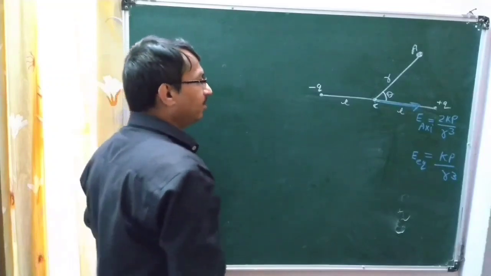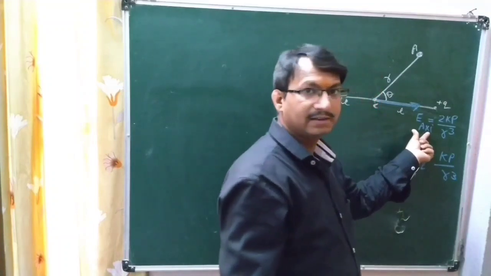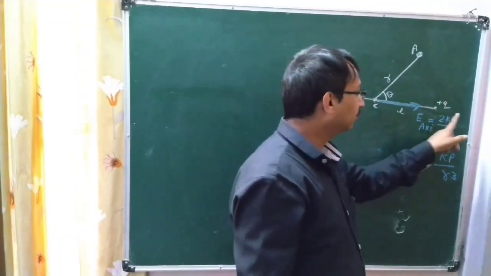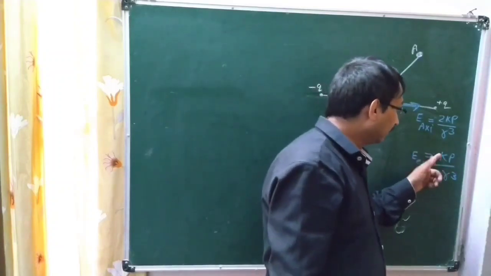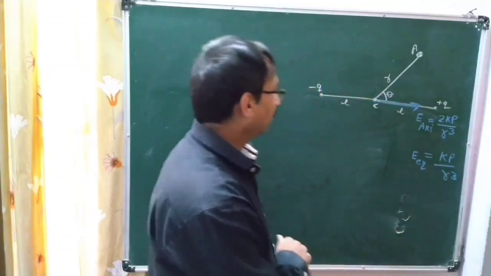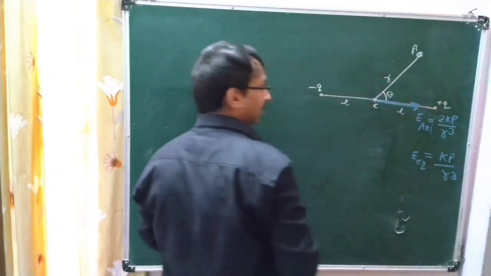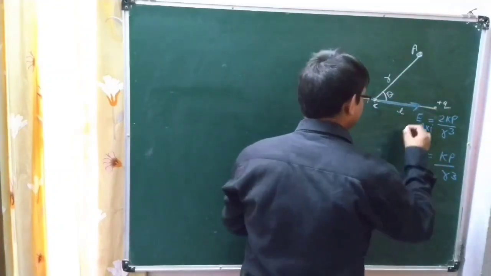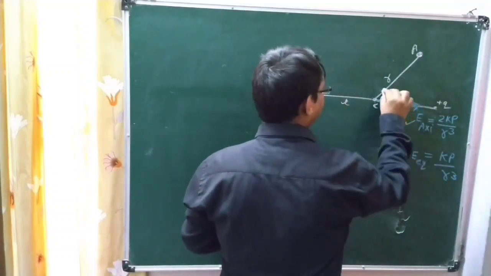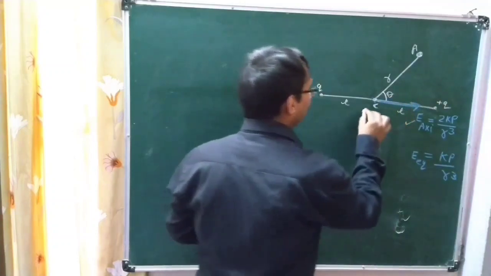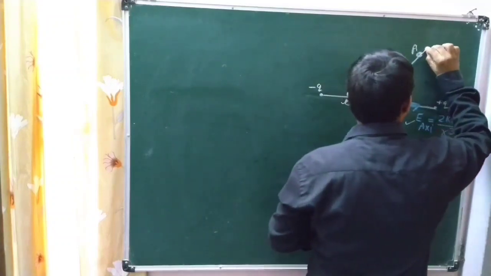In previous lectures we discussed the electric field intensity at an axial point. It was 2kp upon r cube, and at an equatorial point we found it to be kp upon r cube. So let us start with the axial point, 2kp upon r cube. Now this observation point is at angle theta, so we can take a component along the radius vector r.